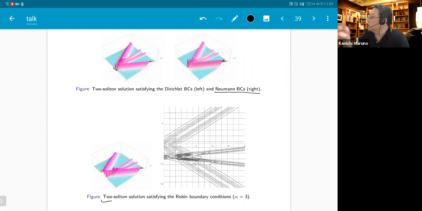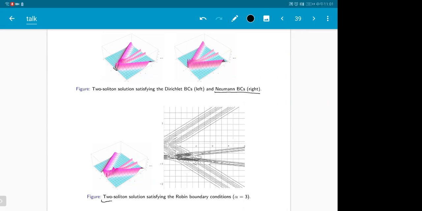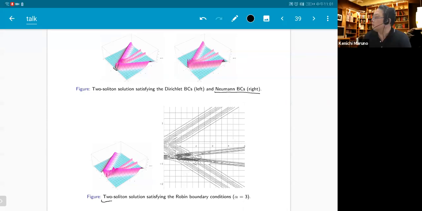In this picture, this is a two-soliton solution, but there are four solitons. For example, the solitons in the center are actually the same soliton. Is the amplitude the same?